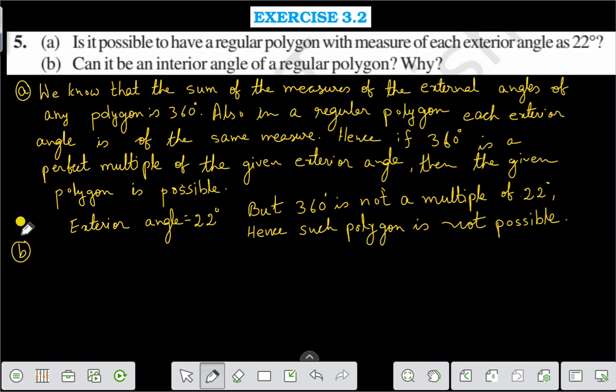Now question number B. Can it be an interior angle of a regular polygon? Why?